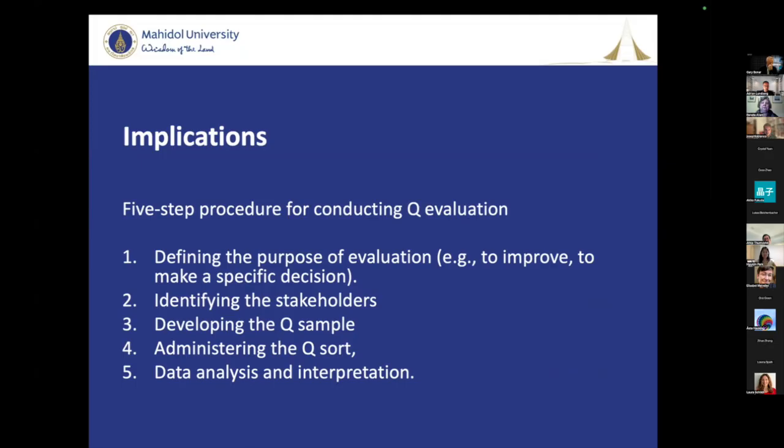And another thing is we have to identify stakeholders. I would encourage the involvement of varieties of stakeholders in line with the principle of program evaluation, which is to involve different stakeholders. Actually, we can design a Q sample in the way that it can be completed by different stakeholders. Okay, and the rest is like typical Q research.